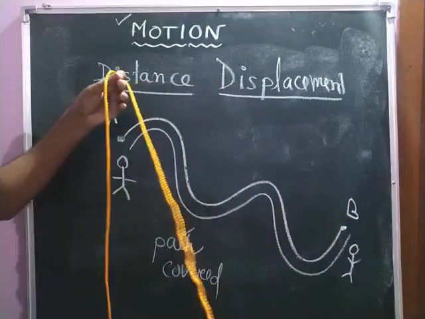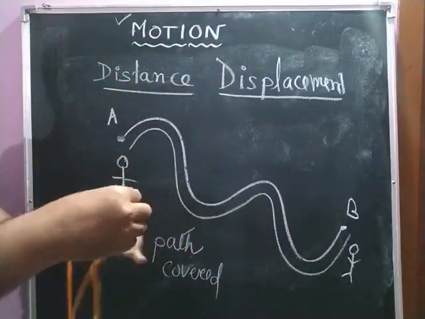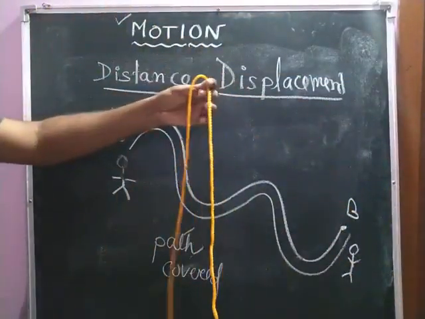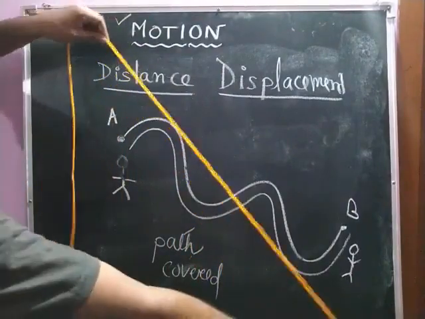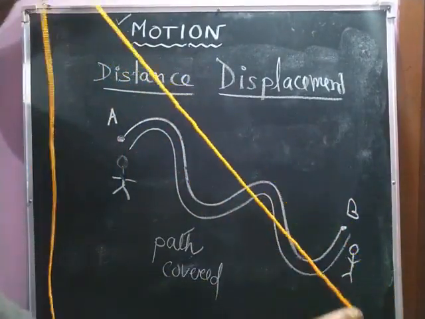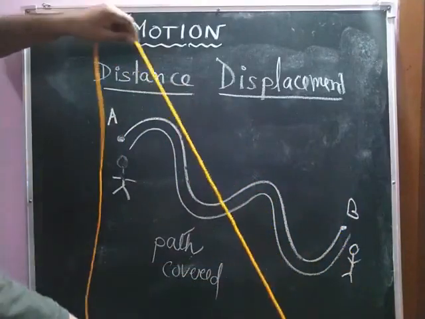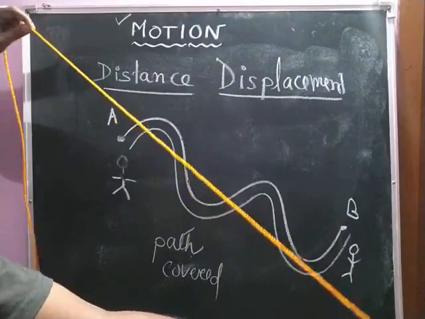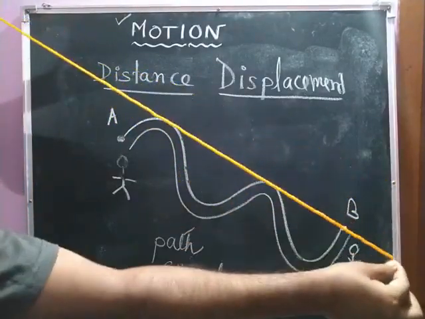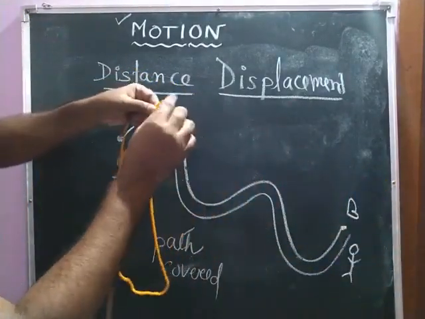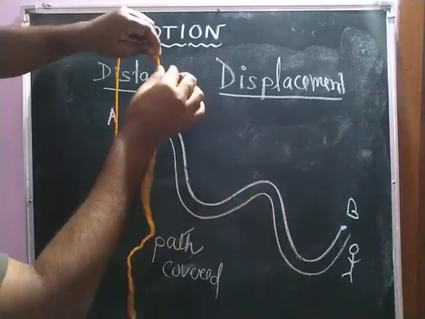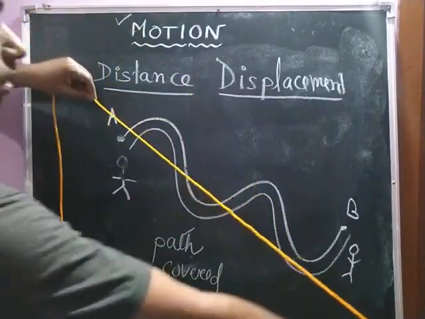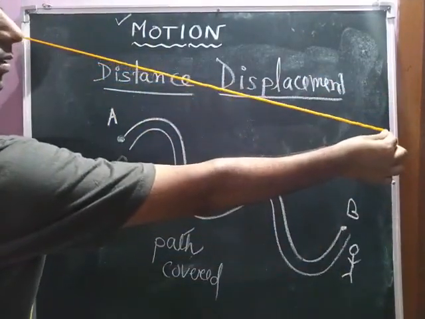Okay. So I started from this starting point, I hope all of you can see this, and ended up here at this point. So from the starting point here to the ending point here, this is the total distance that the body has covered.